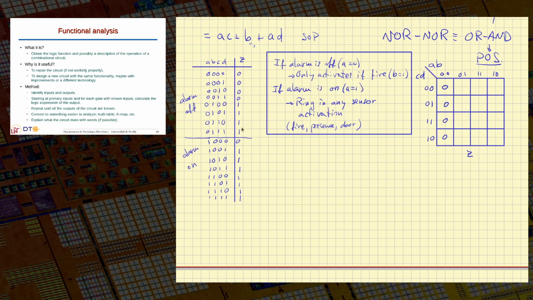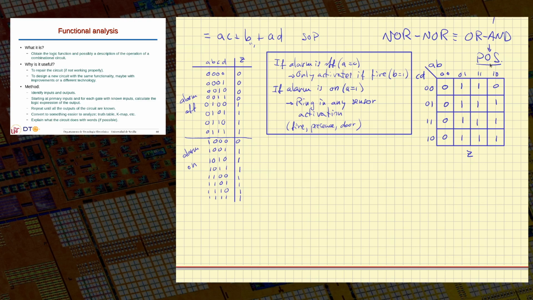Now it's 1, 1, 1, 1, 1, 1, 1, 1. Sorry. Now it's 0, 1, 1, 1, 0, 1, 1, 1. The last one is 1, 1, 1, 1. Lots of minterms here.